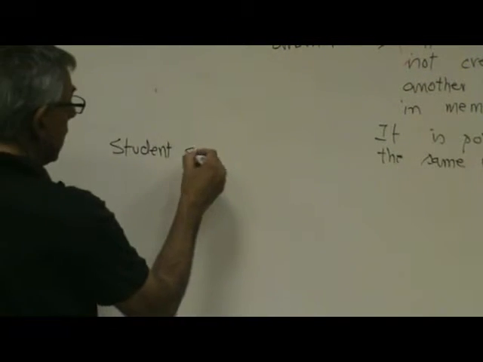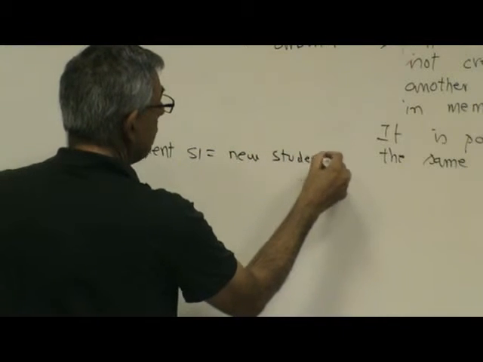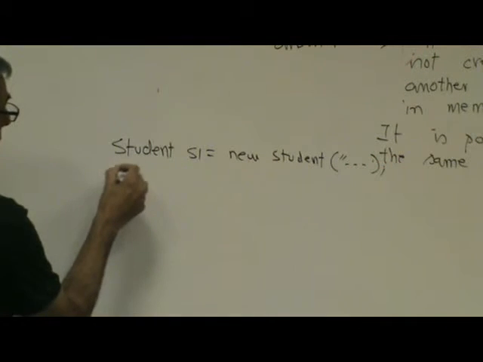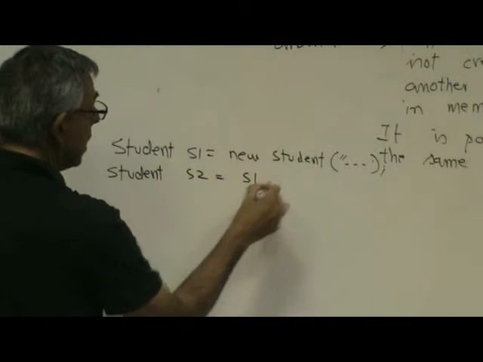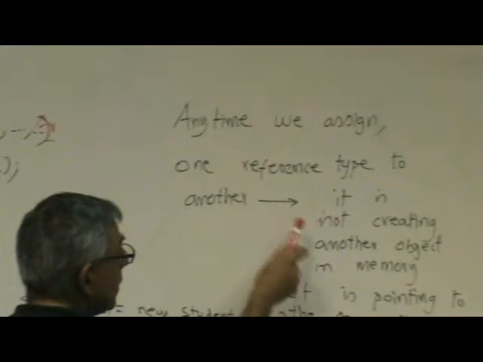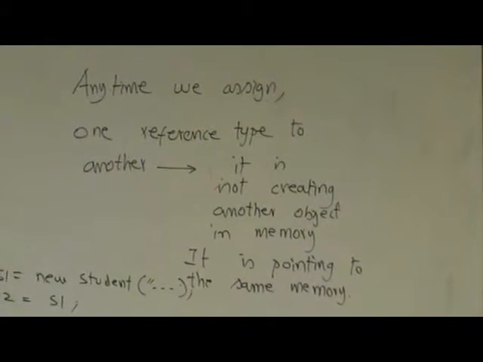So if I said Student s1 = new Student, and whatever, and then if I did Student s2 = s1, correct? Is s2 pointing to a new memory or pointing to the same memory as s1? Same memory, and that's what I meant. If we assign one reference type to another, it's not creating another object in memory, it's pointing to the same memory, right?